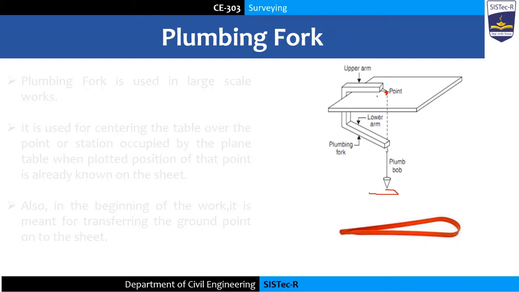You will put one end of the plumbing fork there, and then you will mark this point on the sheet here. So basically the plumbing fork is used for transferring the point from ground to sheet or from sheet to ground. Basically these are the two forms of the plumbing fork. This is a hairpin like instrument made of very light metal, and both the limbs or arms are equal in length.